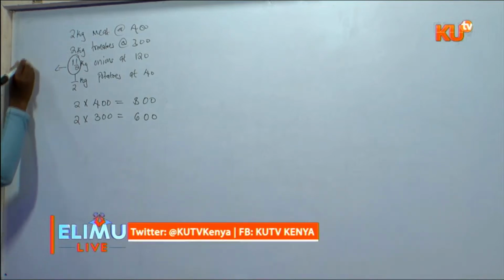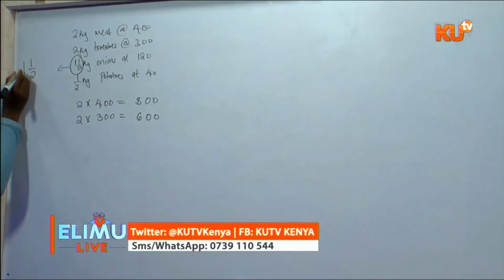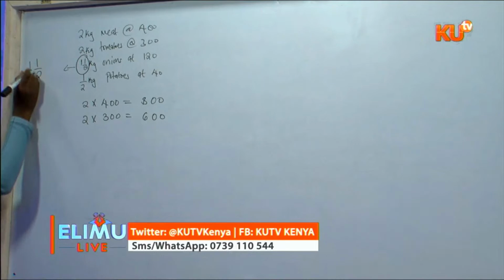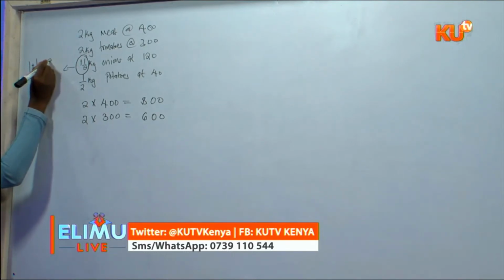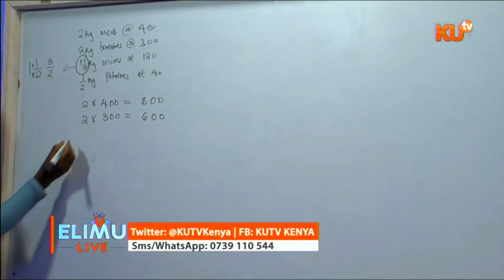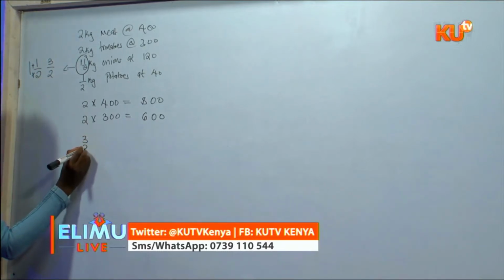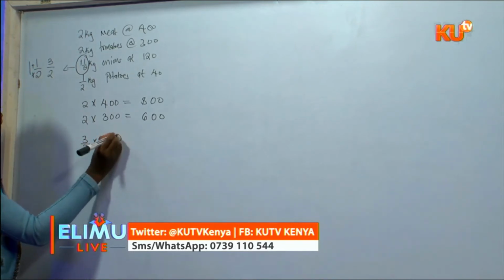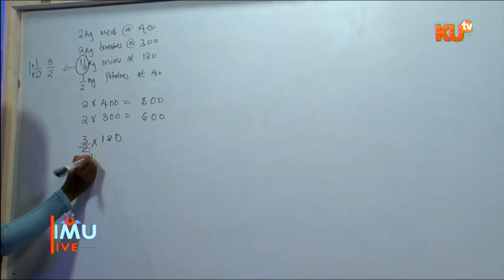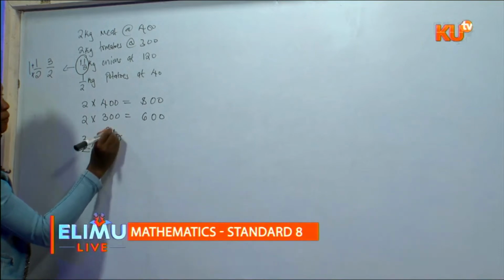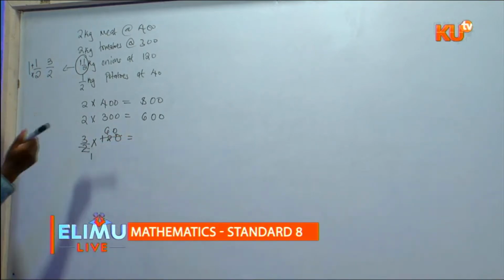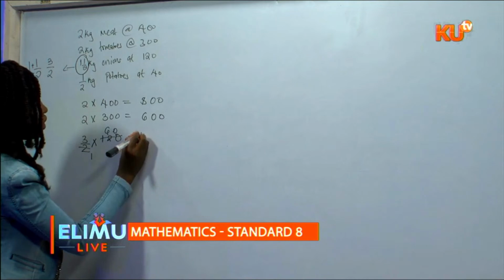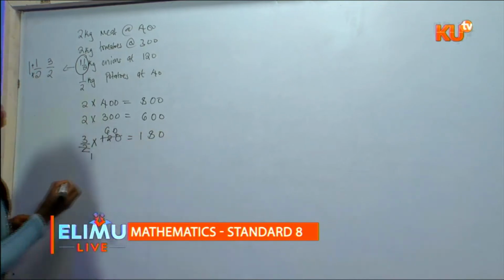You take the whole number times the denominator plus the numerator. This is 2 plus 1, we get 3/2. So 3/2 times 120: 120 by 2, 1 by 2, 60. 3 times 60, we get 180 shillings.